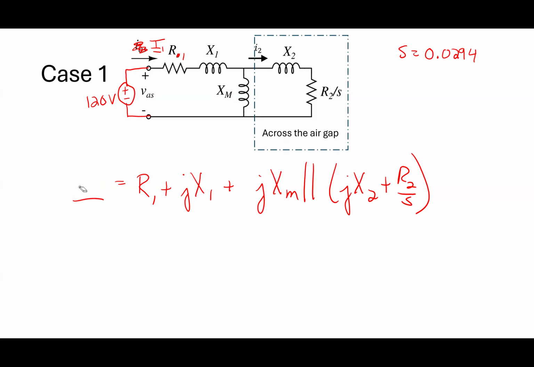That's not I, that's the impedance. So if I wanted to find I1, it's whatever that 120 is, my VAS, divided by Z. Technically, Z is a phasor, and that would tell me I1.